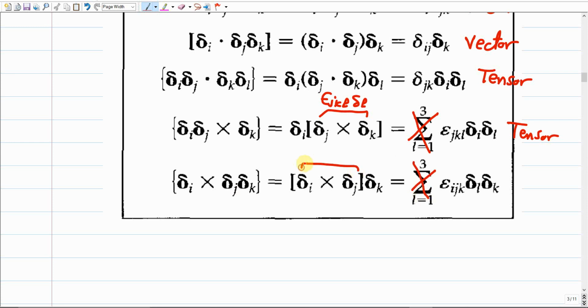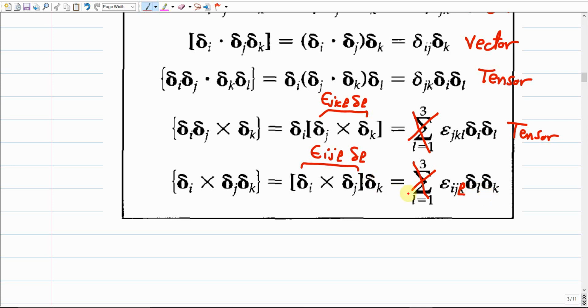This is going to give us the epsilon IJ. We already used K, so let us use any other index like L, delta L. So we're going to end up with epsilon IJ. This one should be L here. This should be L delta L delta K.